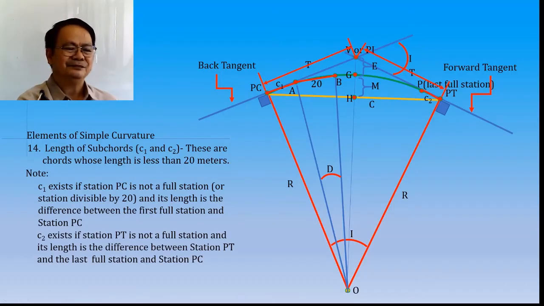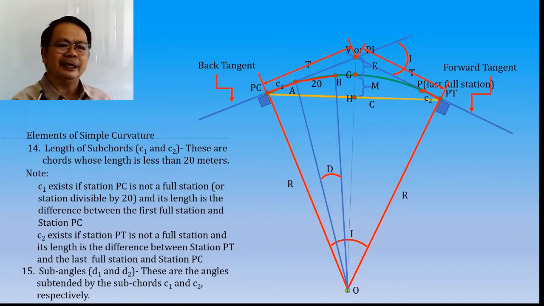Sub-angles, D sub-1 and D sub-2. These are the angles subtended by the sub-chords C sub-1 and sub-chord C sub-2. Ang ibig sabihin nun, yung subtended angle itong sub-chord na ito, kung ito ay less than 20, ang tawag sa kanya sub-angle.